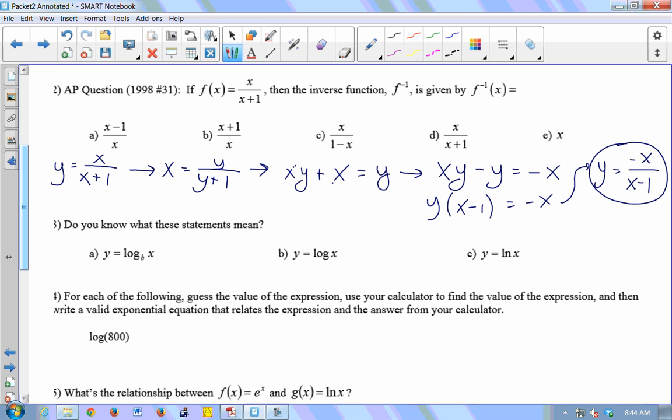So that would be which of these formulas? C, yeah. So one way that we need to be able to recognize that those are the same.